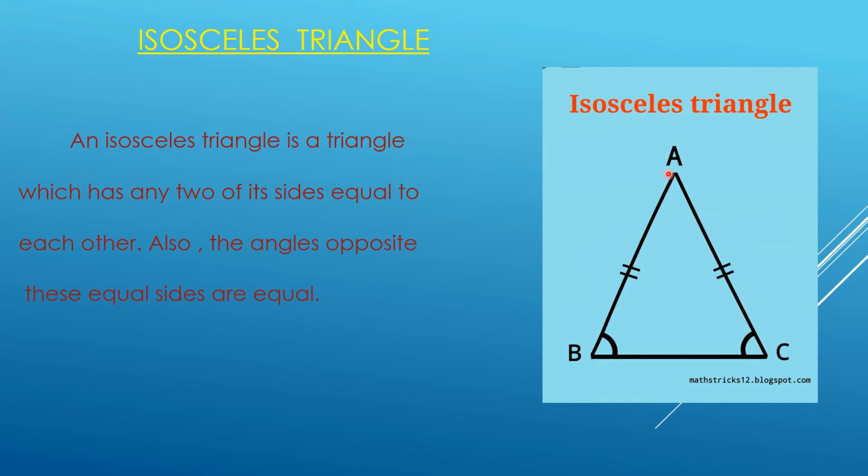In this figure, triangle ABC, side AB and side AC are equal, and the angle opposite to side AB, that is angle C, and the angle opposite to side AC, that is angle B, are also equal.